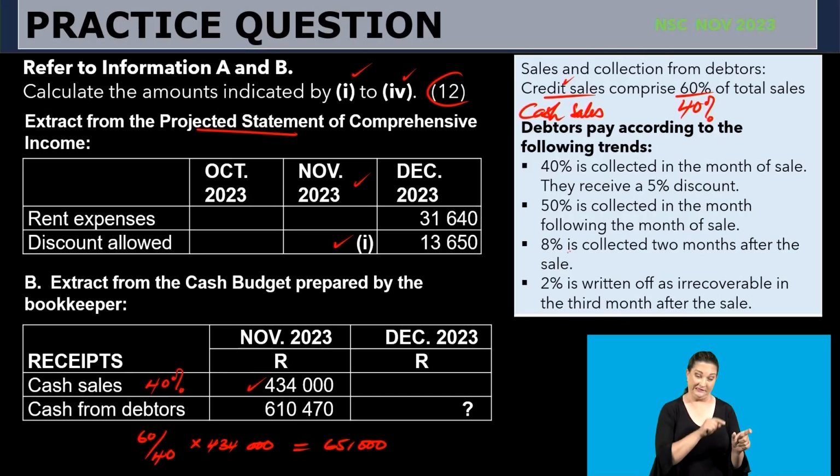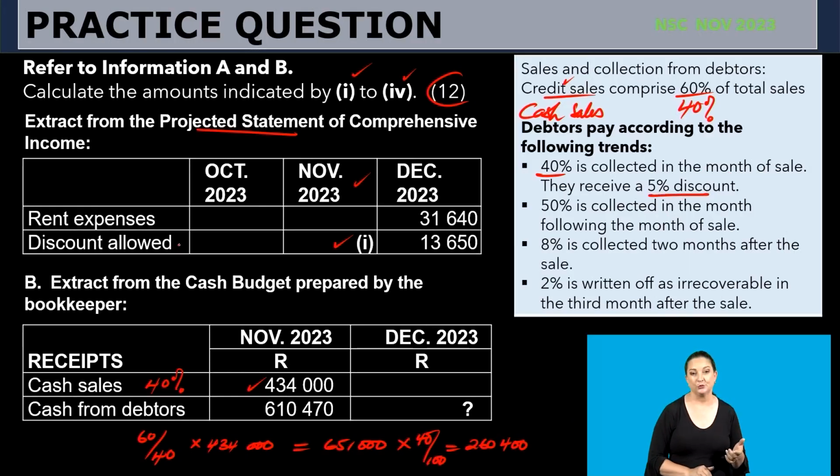When I have my credit sales, I know that 40% is collected in the month of sale. So I'll come here, then I'll get 40% of that now. And the 40% of that is 260,400. Then I will not be able to get the entire amount because 40% is collected in the month of sale, but they receive 5% discount.